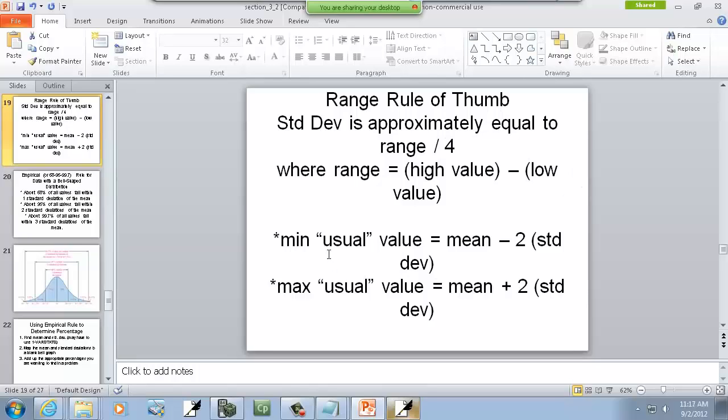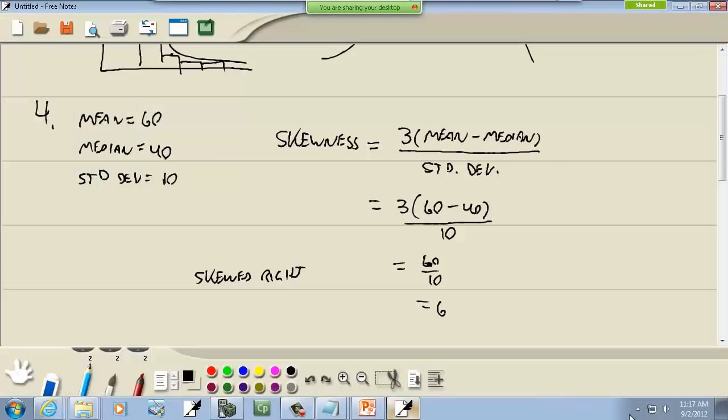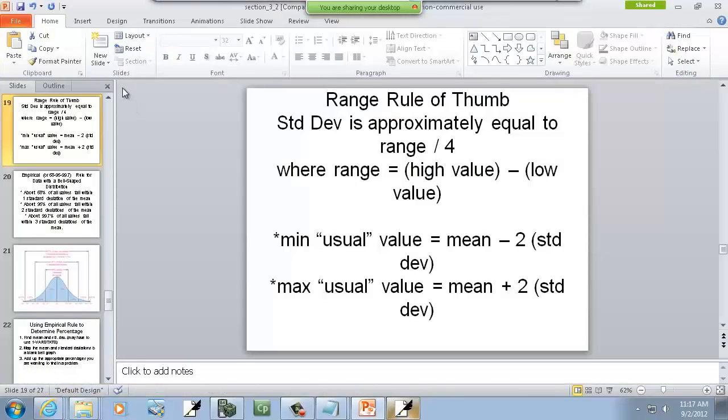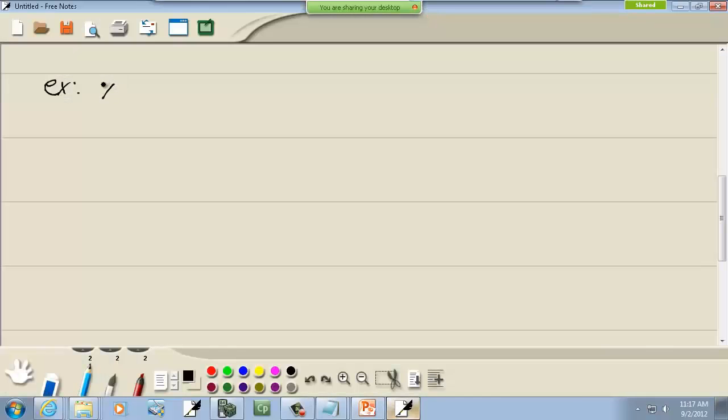Now, this is the minimum usual value, mean minus 2 standard deviations, and the maximum usual value, mean plus 2 standard deviations. So, for example, I don't have a problem on this, but let me make one up. If they give you the mean and the standard deviation, so let's say x bar is 10 and s is 2.